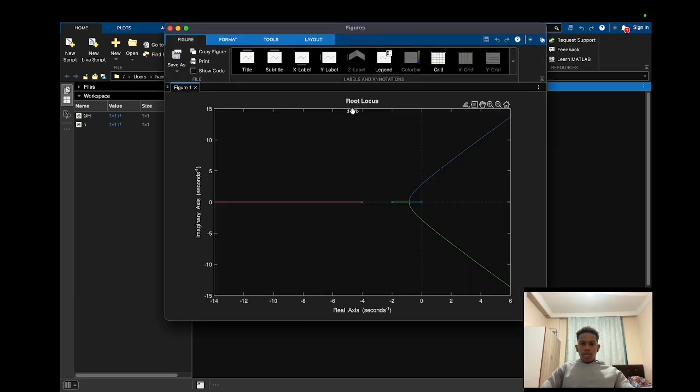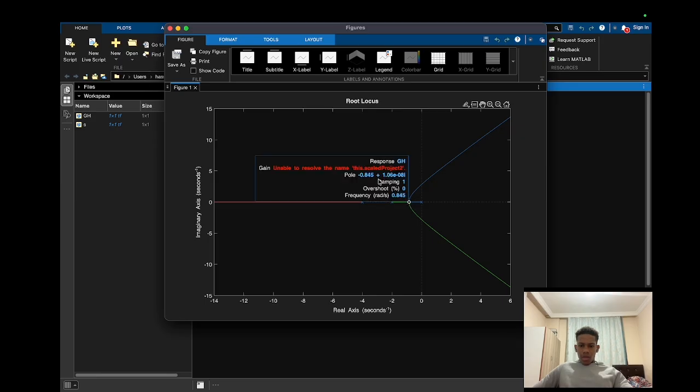So this is our root locus diagram. Here we have the first pole at 0, and here minus 2, and here minus 4, and here it is minus 0.8 or 0.9.